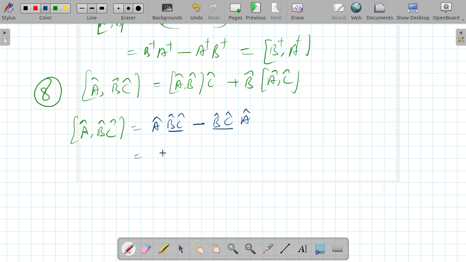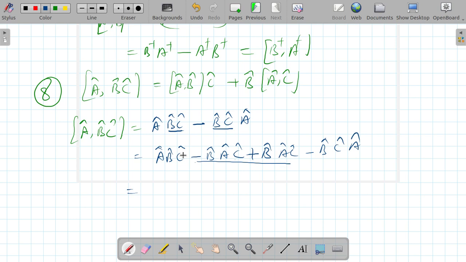So what I will do, it is ABC. I will do one thing. I will add this quantity and subtract the same quantity. This quantity is subtracted and this is added, so overall equality will not change. First of all I will look at these two terms.